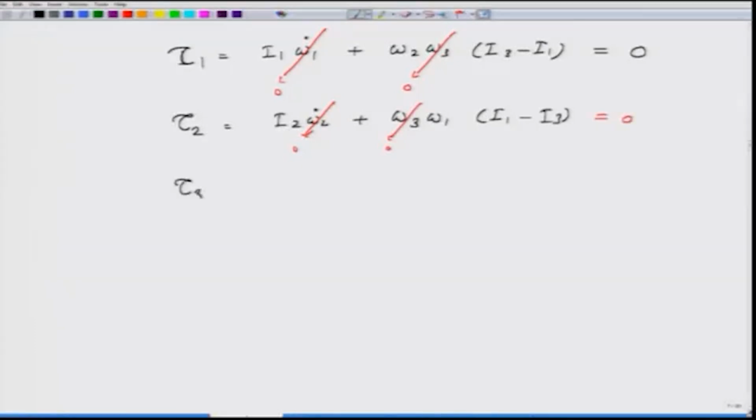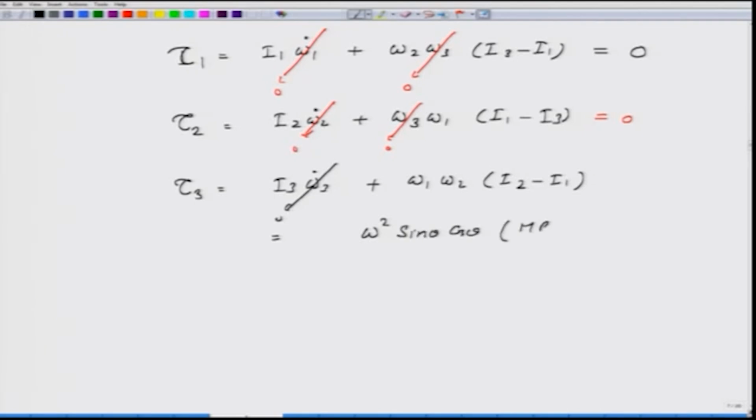Tau 3 is I 3 omega 3 dot, this is also 0, plus omega 1 omega 2 (I 2 minus I 1), and this gives me omega square sine theta cosine theta times (m r square by 2 minus m r square by 4), and therefore, the answer is omega square sine theta cosine theta m r square by 4.